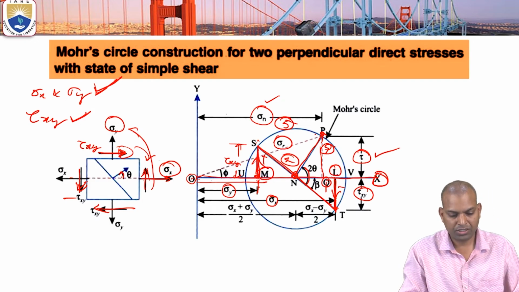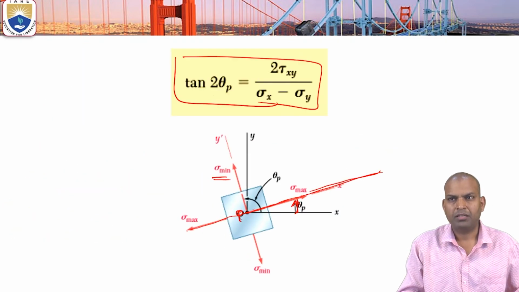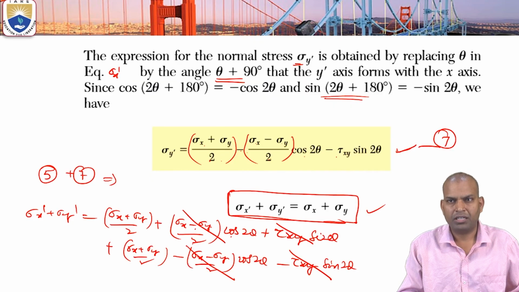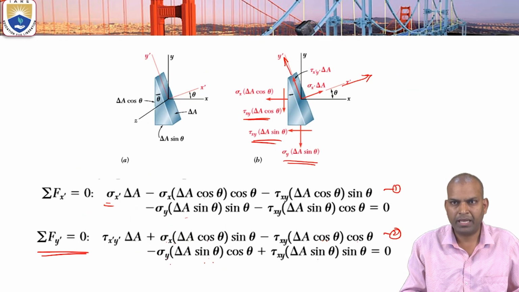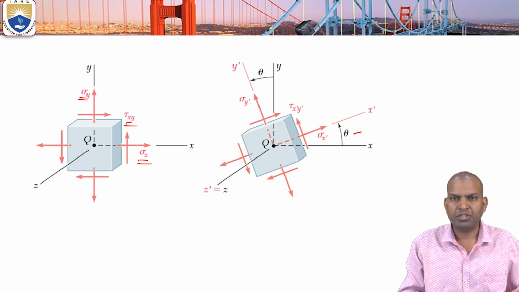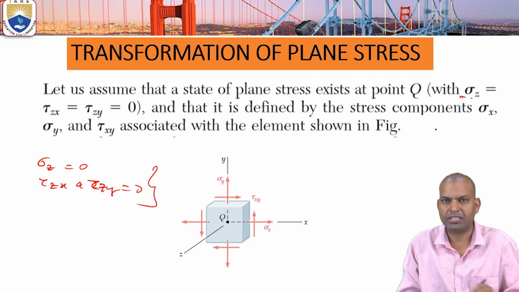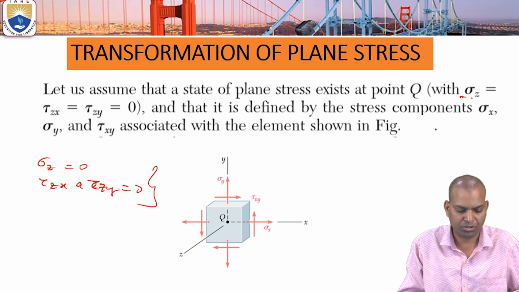Let me summarize what we have studied in this class. We have studied transformation of the planes and the Mohr circle method. In plane stress, sigma z, tau zx and tau zy are 0.